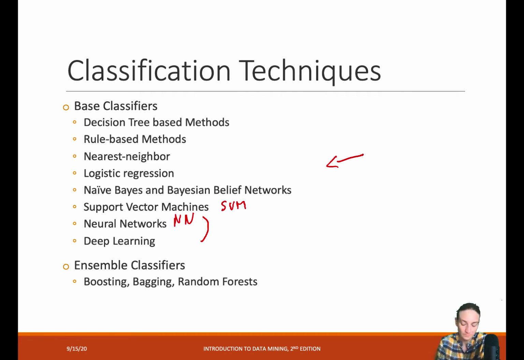Okay. I should also mention ensemble classifiers, because these actually work pretty well often. There's ways of combining the output of several of these algorithms and making them into a stronger classifier. So we'll talk about that one as well.